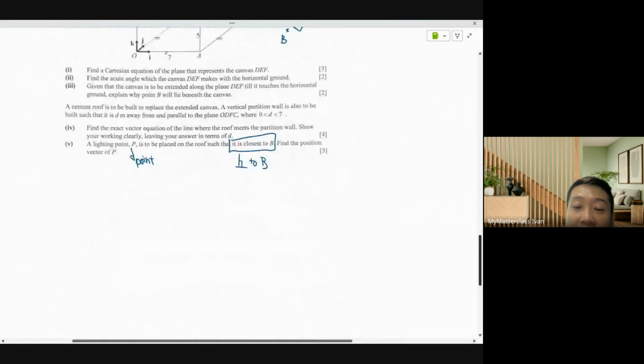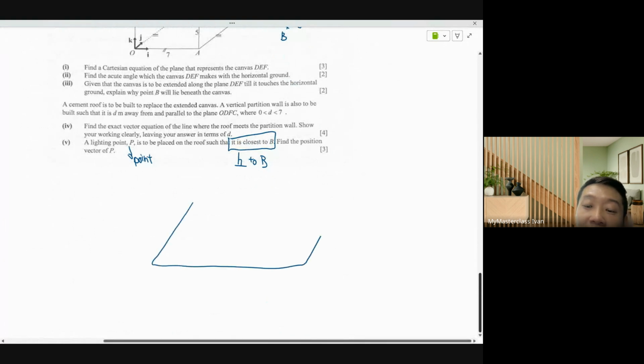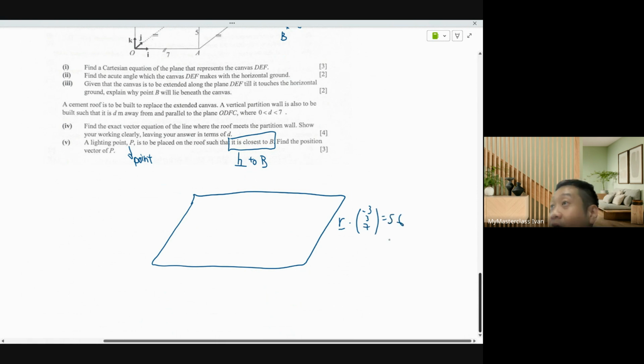So, like Mr. Ivan says, number one, always draw the plane upright. I know that this is the plane r dot (negative 3, 3, 7) equals 56. Now the equation may not be correct, it could be negative 56, but I just keep using this because this is the DEF plane.